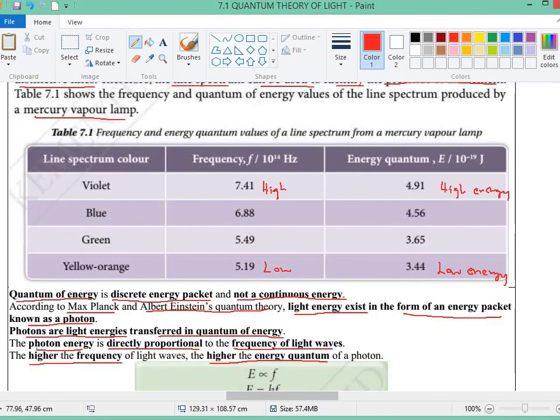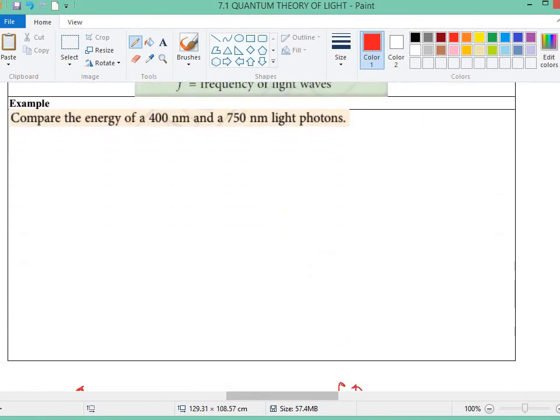Next, let's discuss this example. Compare the energy of a 400 nanometer and a 750 nanometer light photon. So we have the wavelength. But if you want to calculate the energy, we need the Planck constant and also the frequency.